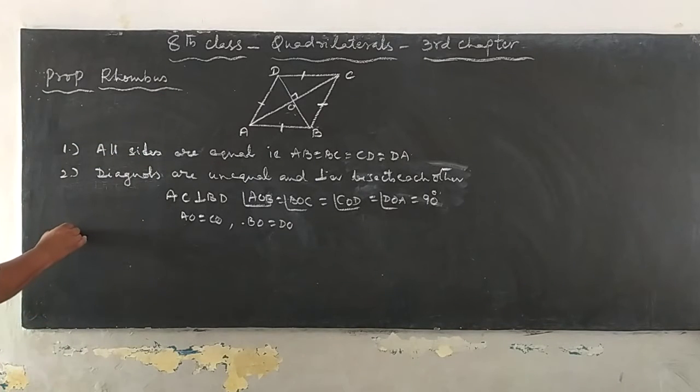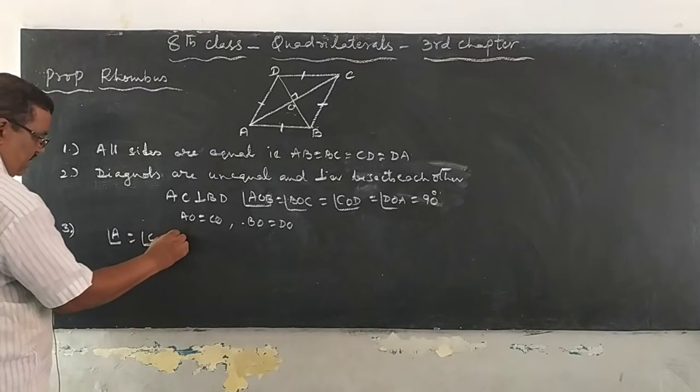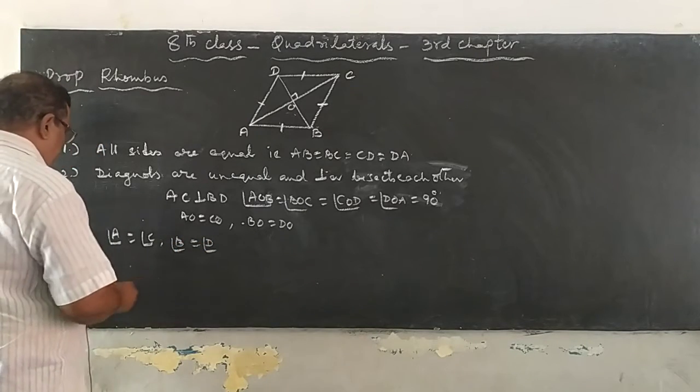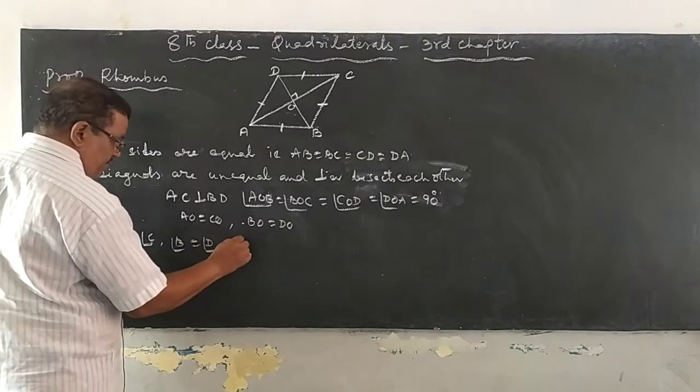Third one, opposite angles are equal. Angle A equal to angle C, angle B equal to angle D. Any pair of opposite angles are equal.